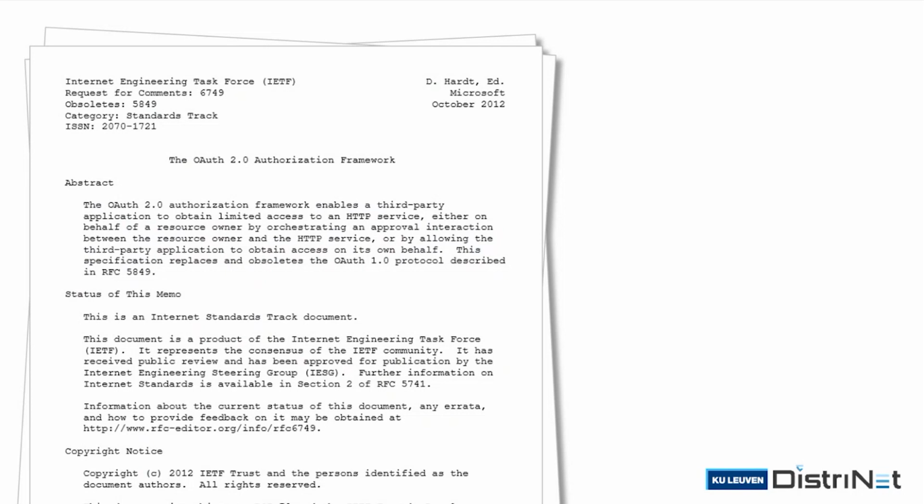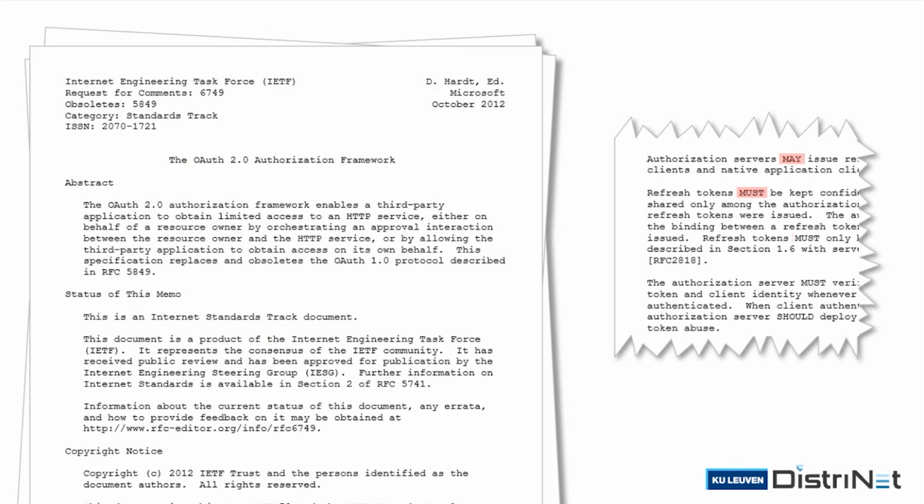So this is a security protocol. So this means that everywhere in the specification there are security constraints, security requirements, right? So there are things that you must do to make sure that your OAuth implementation is secure. And they're actually pretty easy to find in the specification because there's always a keyword like must or may or should nearby, right? So the musts, these are the things that you must implement.